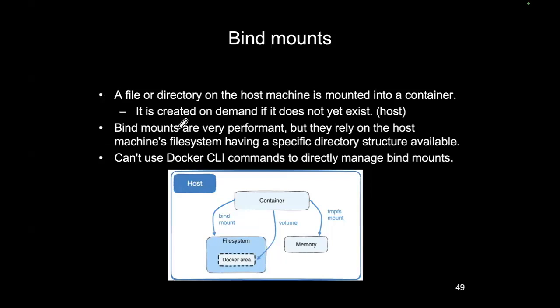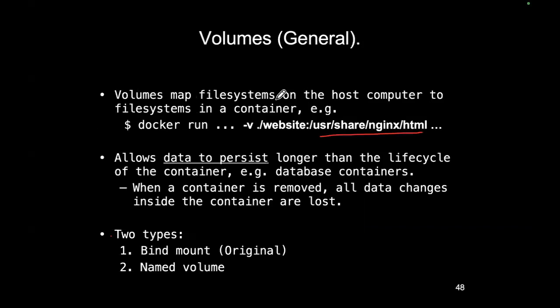Bind mounts are very performant, but they do rely on the structure of the file system on the host computer to match a particular pattern. What I mean by that is, if I go back to here, rather than specifying a relative path name, supposing I specified an absolute path name for the host directory.